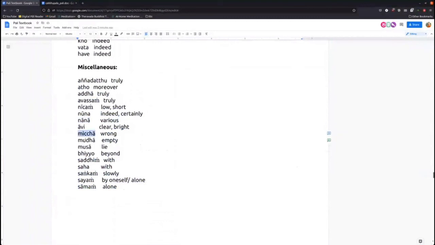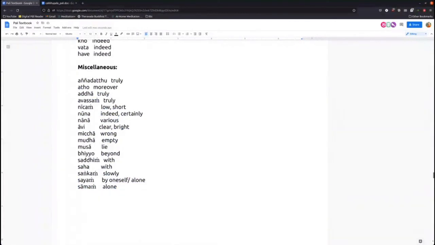Miccha, that means wrong. Bhiyyo is fairly common. Here's saddhim, with, that's the opposite of vina. Saha, very common. So it doesn't have to be saddhim, it can be saha. So you can say purisena saha. And saha is also used like a prefix. So you say sahajati, with birth. Not with birth.